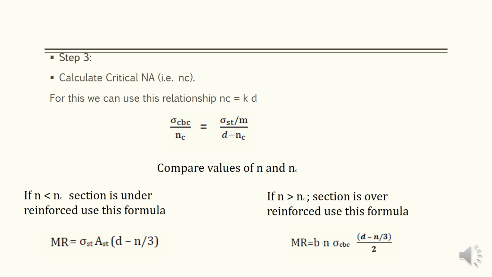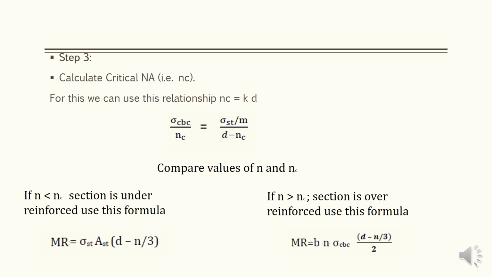If the actual neutral axis is less than the critical neutral axis, the section is an under reinforced section. For the under reinforced section, we use this formula: moment of resistance is equal to sigma st into Ast into (d minus n by 3).